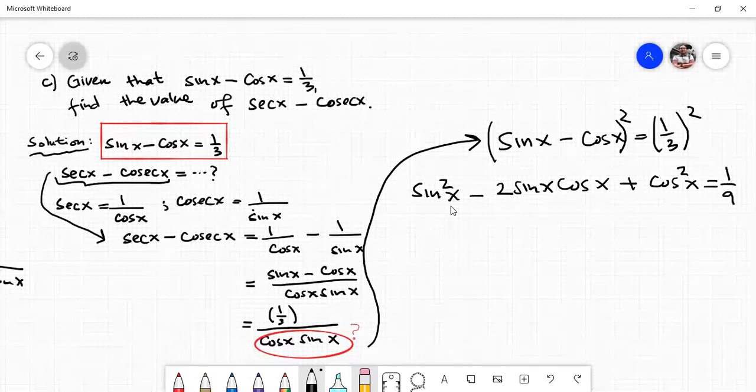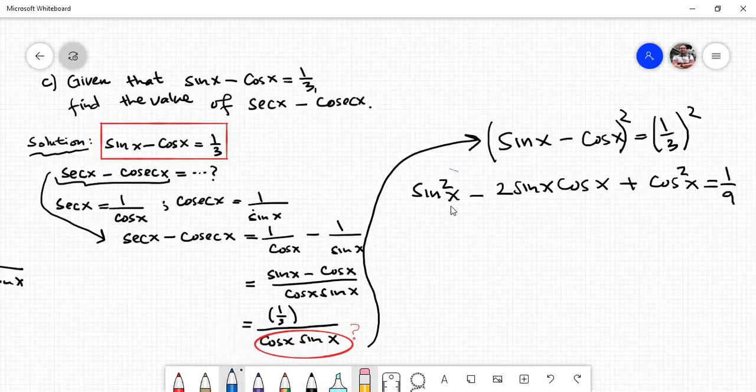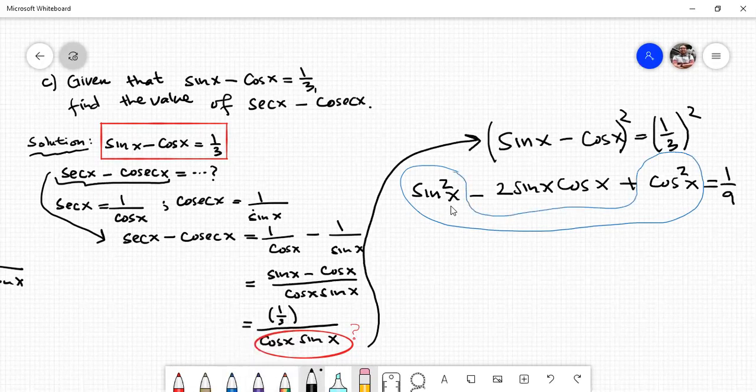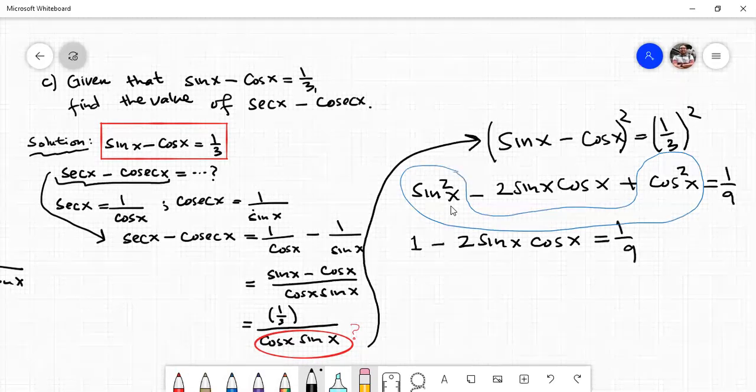Then as you see here, the sine square x and cosine square x equals 1, am I right? Remember the basic identity. This is 1 minus 2 sine x cosine x, which is 1 over 9.